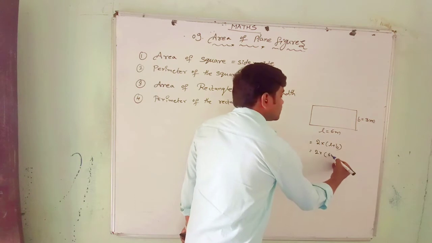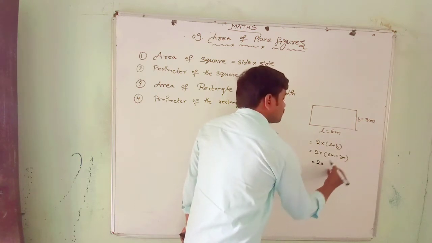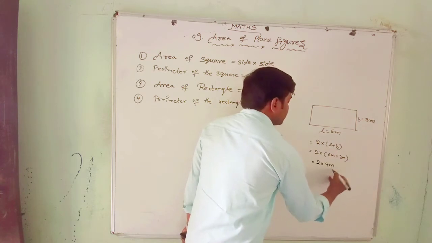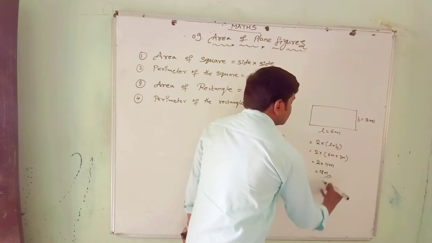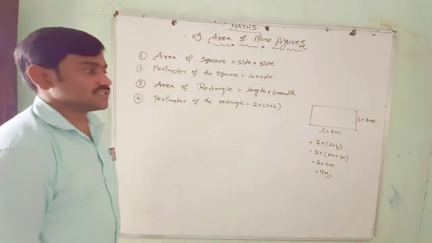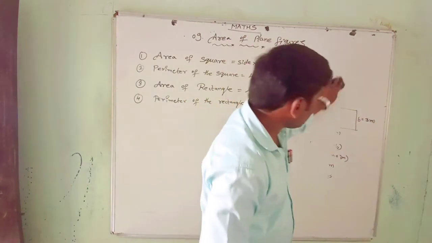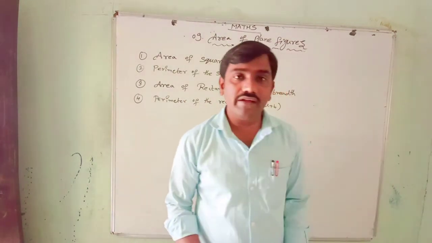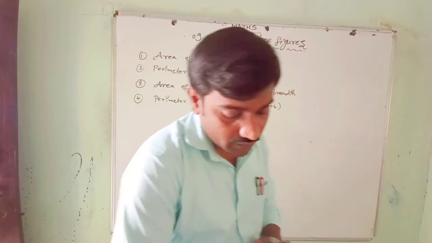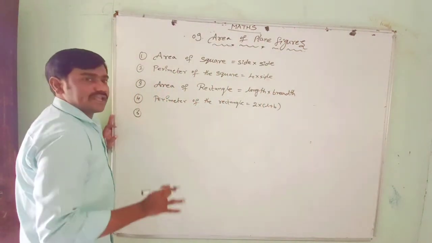L value is 6 meters plus B value is 3 meters. That is equal to 2 into (6 plus 3), which is 9 meters, that is equal to 18 meters. So the perimeter of this rectangle is 18 meters. I am telling you formulas and also examples for each and every formula. Now next we go for area of triangle. From here we get only area formulas.